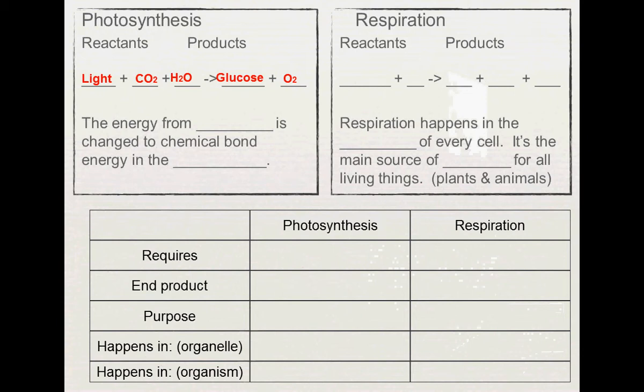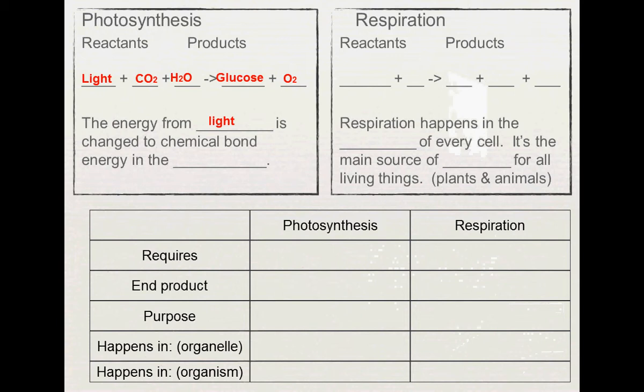Okay, and so the point of photosynthesis is that energy from sunlight is captured or changed into chemical bond energy. The bonds between atoms in a molecule can store energy, and that's what photosynthesis does.